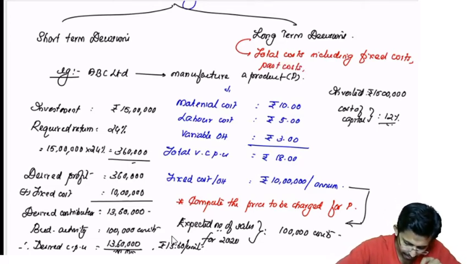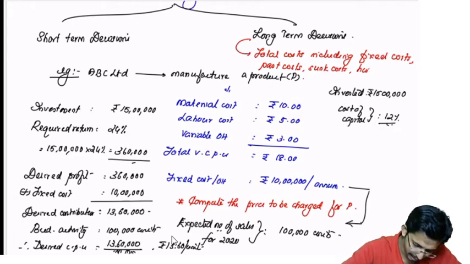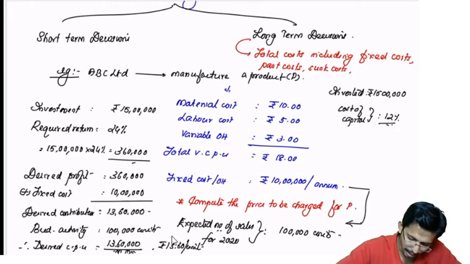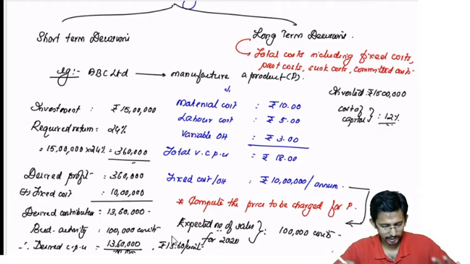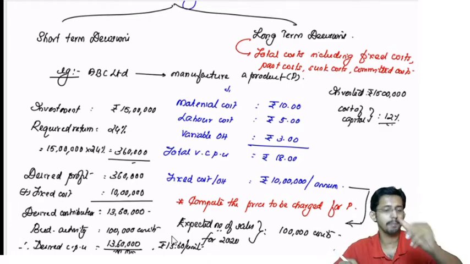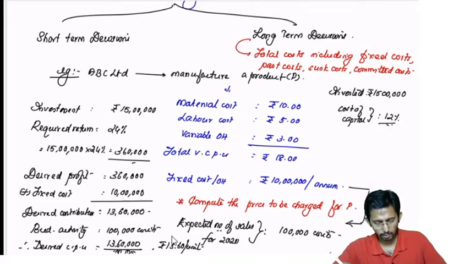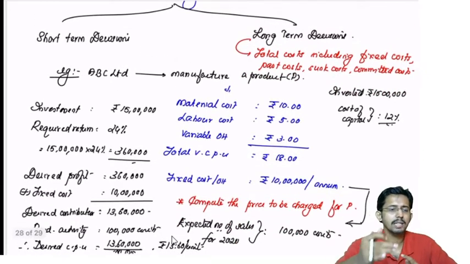Past cost, sunk cost, historical cost, committed cost. Okay, total cost including fixed cost, past cost, sunk cost, committed cost. Okay, now let me go one step ahead.